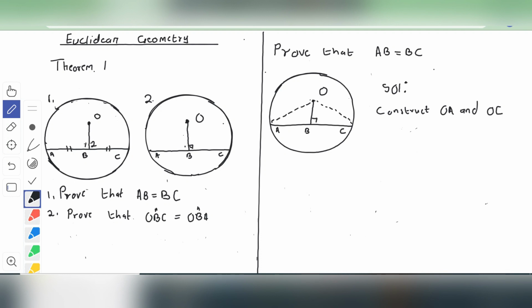Meaning line OA, or the length from O to A, is equals to the length from O to C. The reason is the radii, because those two lengths are the radius, right?